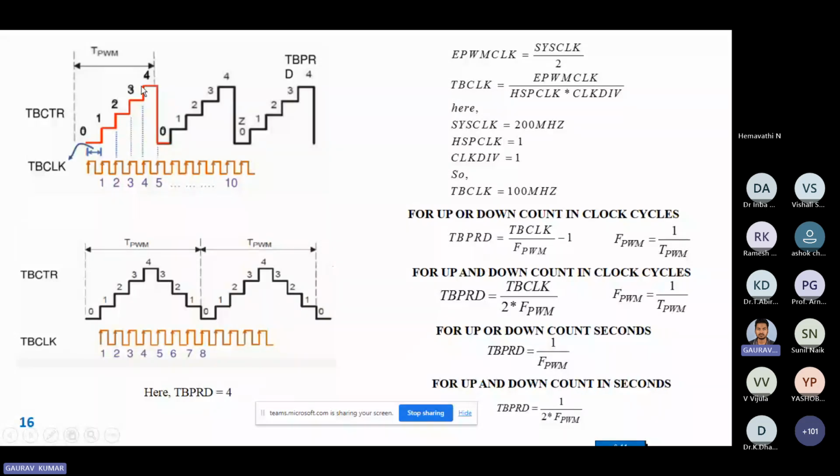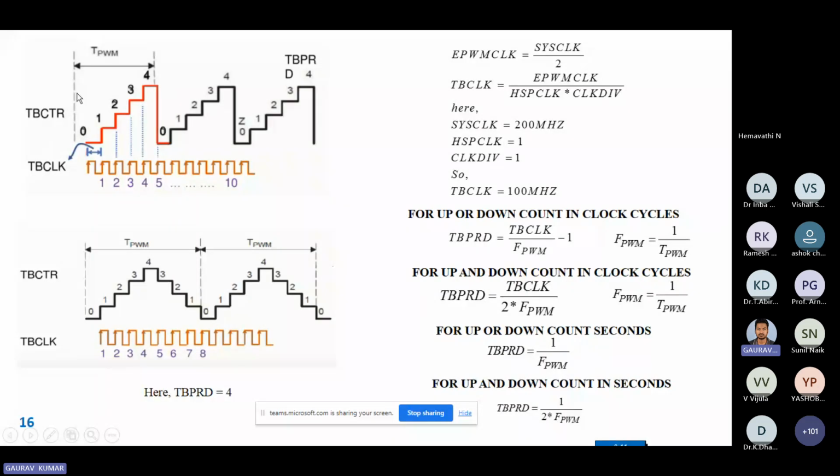Similarly, in case of the up counter, the count moves like 0, 1, 2, 3, 4, increasing in steps. After going to the peak, it resets to 0, then again goes in increasing manner 0, 1, 2, 3, 4, then resets to 0. In case of the down counter, it starts from 4, so TBPRD is 4, then it goes down 4, 3, 2, 1, 0.